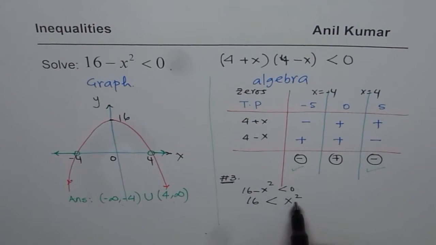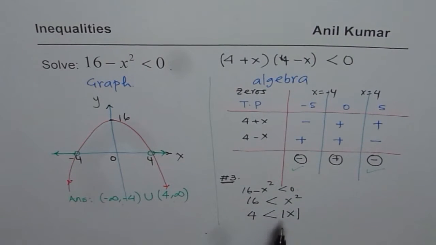Now when I take the square root, I get 4. And what is the square root of x squared? The square root of x squared is the absolute value of x. So what we get here is the absolute value of x is greater than 4.